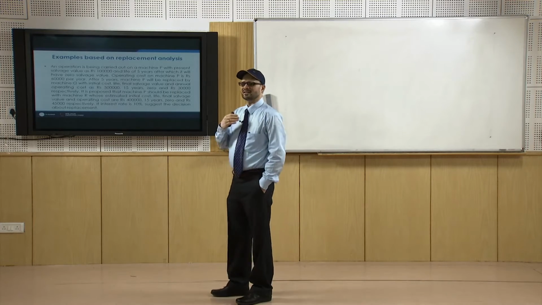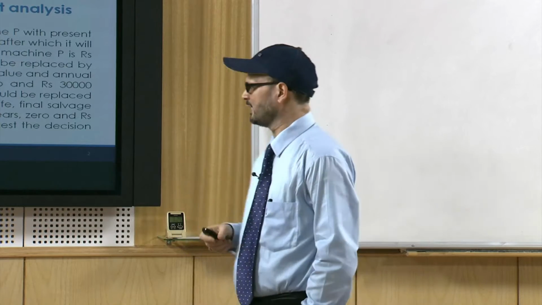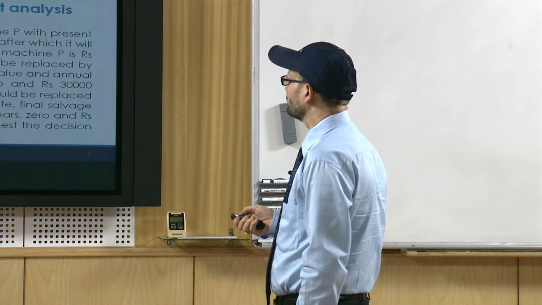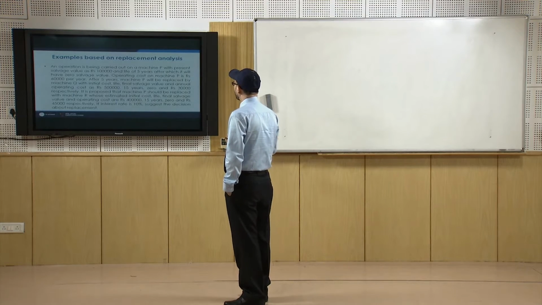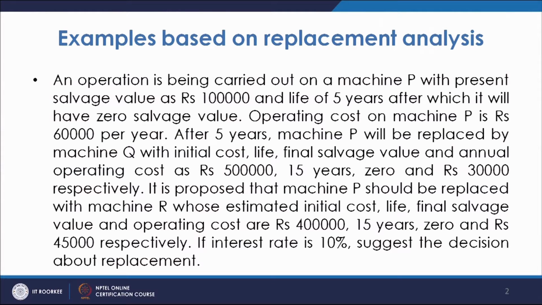Now, there is a proposal for replacement and that is for machine R. This machine R has an estimated initial cost of rupees 4 lakh, life of 15 years, final salvage value as 0 and operating cost as rupees 45,000 per year.